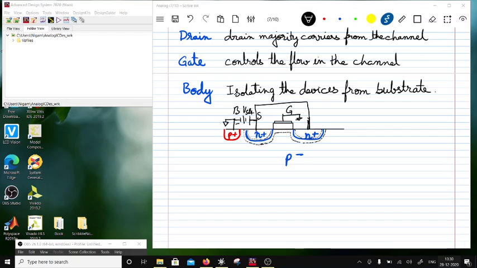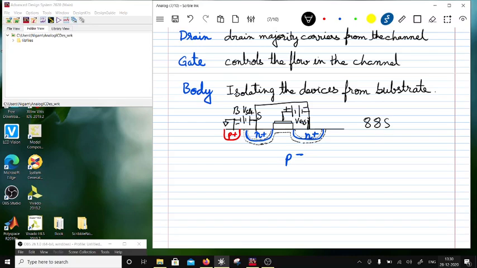Now in this scenario, what I do is I apply a certain gate voltage with respect to source. So this I will call VGS, plus minus. When I do that, what's going to happen is this is silicon dioxide under the gate, so it has got dipoles.